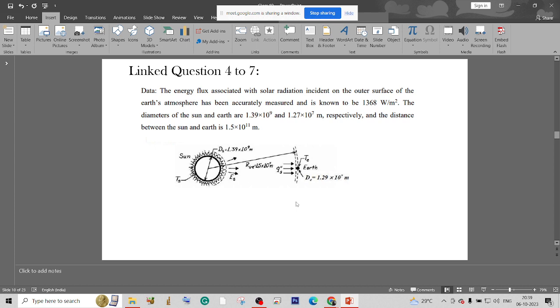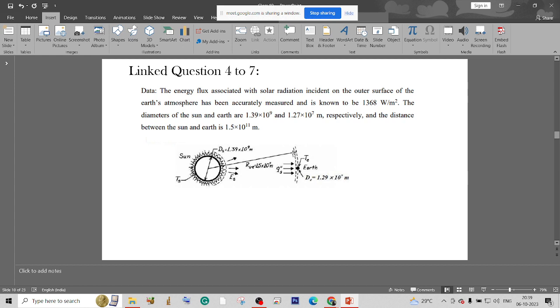The radiation emitting from the sun's sphere is then incident on the outer sphere that is passing through the mid of the earth.